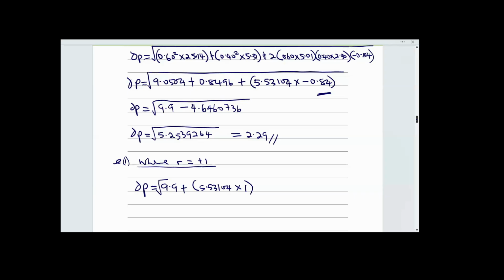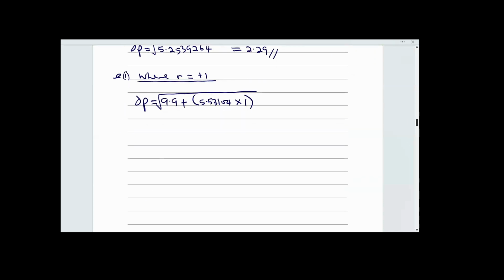Then you find the square root. So the risk of the portfolio will be 9.9 plus 5.53104.